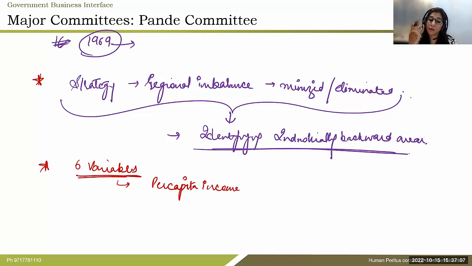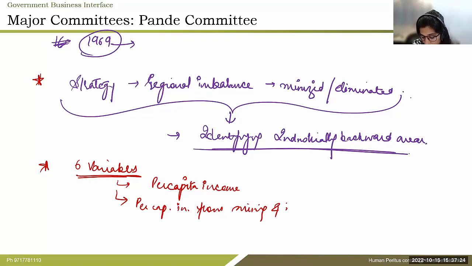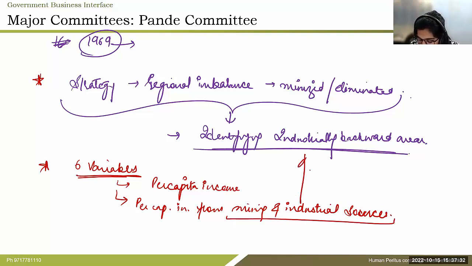Per capita income was one among the criteria, given by the Pandey Committee, as well as other committees. Specifically, per capita income from mining and industrial sources. Why this? Because we are targeting to identify industrially backward areas here.